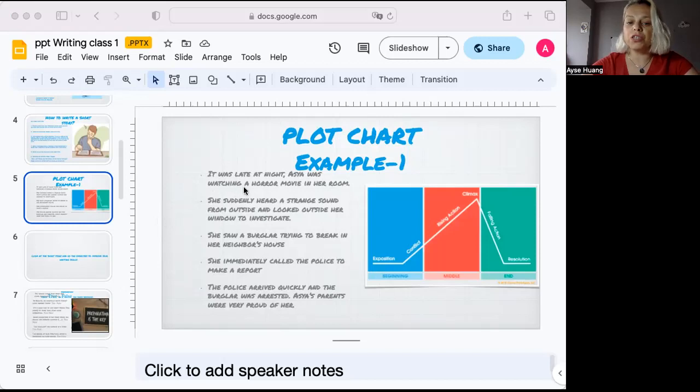Ayse was watching a horror movie in her room. It's the beginning, right? She suddenly heard a strange sound from outside and looked outside her window to investigate. She saw a burglar trying to break into her neighbor's house. Oh my God. She immediately called the police to make a report.